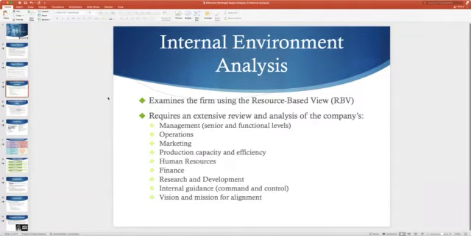Okay, so let's take a look at some of the areas that require extensive review and analysis from our firm. Well, first of all, we're going to be looking at our managers, not only the senior level managers, but all the functional level managers. And what we're looking for is whether or not they have the skills to be in that particular area of management.